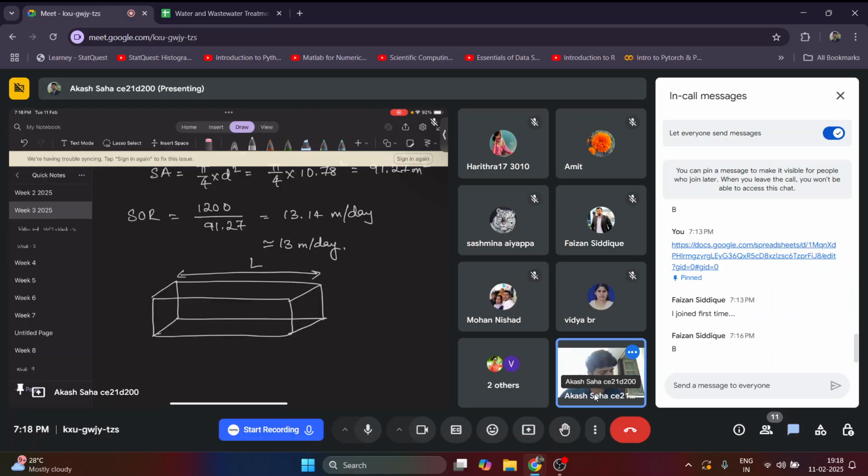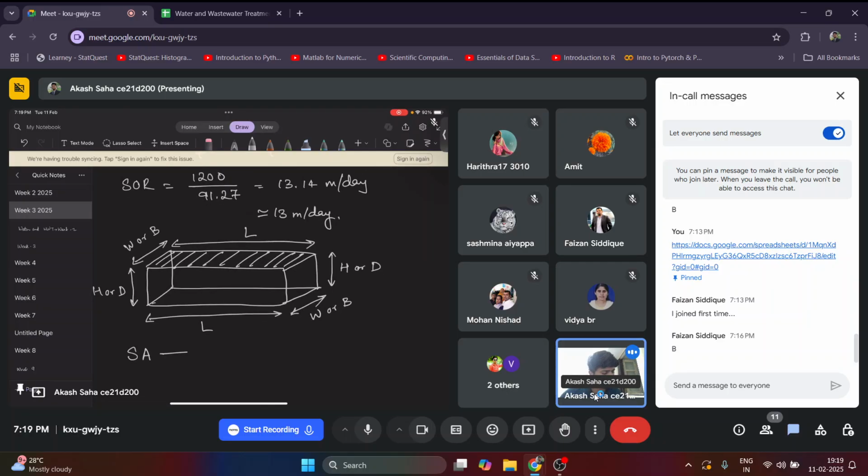This is the length, this is the height or depth, and this is the width or breadth. Whenever we are calculating the surface overflow rate, we have to take this top area. So always the surface area for surface overflow rate will be L into B.